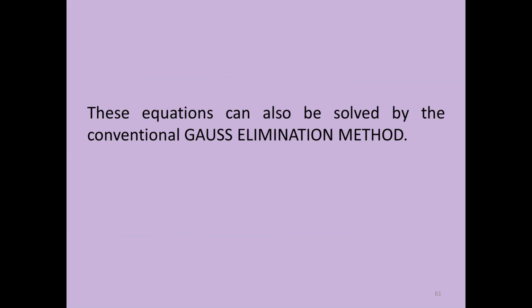These equations obviously can be solved using the conventional Gauss elimination method, but we are going to see in the future slides that the conventional approach of solving the linear simultaneous equations using Gauss elimination method is not a very efficient method of solving the equations.